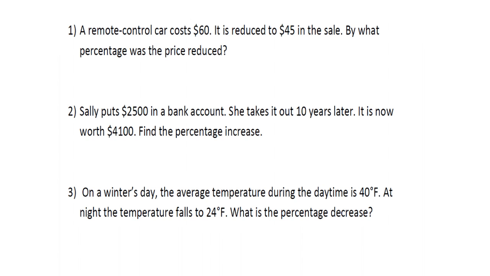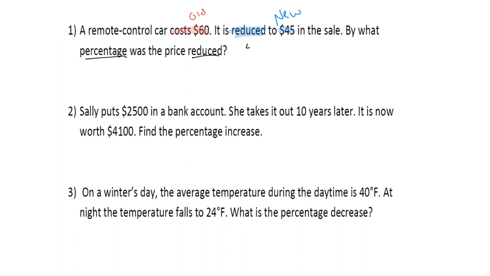By what percentage was the price reduced? It cost $60 and then was reduced to $45, so this is my old price and this is my new price. They want to know by what percentage it was decreased.